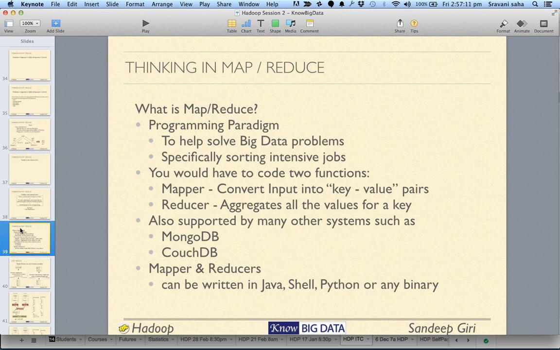So MapReduce is essentially a programming paradigm. It's like a function or a syntax provided to you, and it helps you solve these kinds of big data problems. And as I explained to you earlier, sorting is the holy grail of processing. Most of our processing problems are essentially sorting problems.